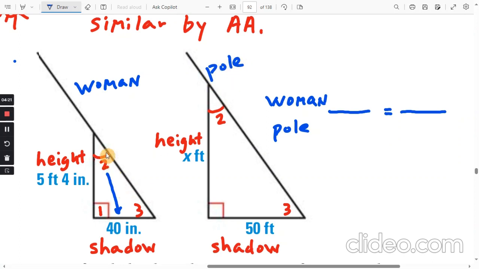All right, so across from angle 2, we have this side length here. That's 40 inches. So I'm going to label this fraction angle 2. And the one for the woman across from angle 2, that's 40 inches. Now, on the other triangle across from angle 2, you have this side length here. That's 50 feet.